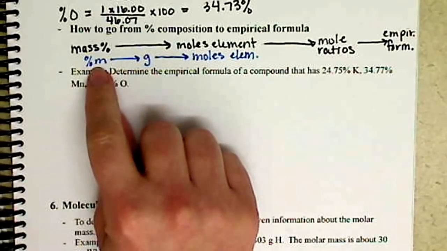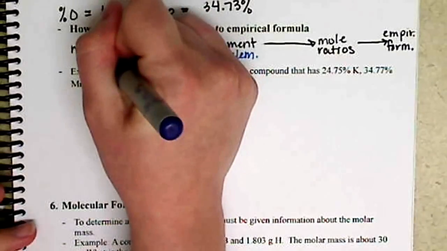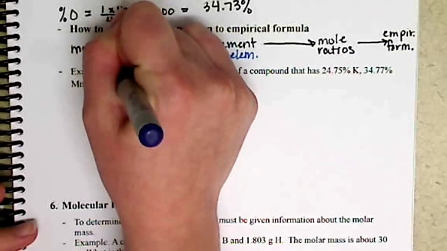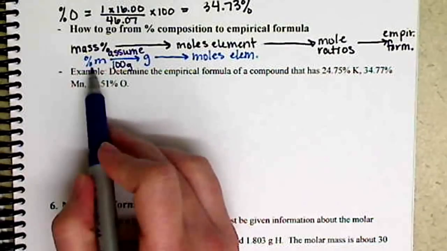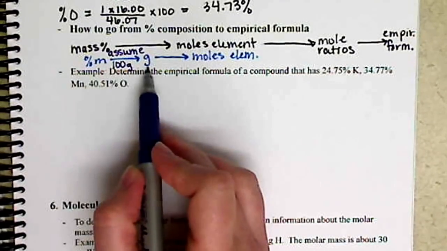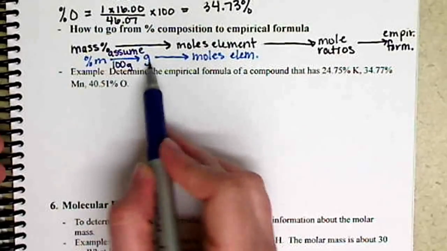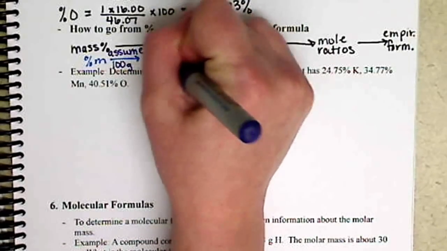So to go from your percent mass to grams, we're going to assume that you have 100 grams. Now you can assume anything, but it's just easiest because you're in a percent to start with 100 grams. That way your percent just turns into grams. Then, as we've been discussing, to go from grams to moles, you use molar mass.